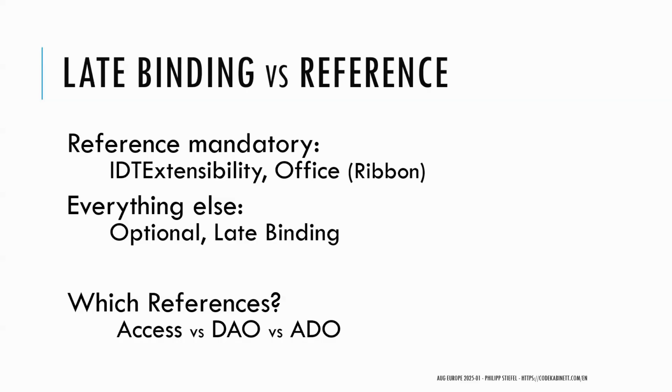Do I need the Access library because I want to interact with the Access application, or do I need DAO because I want to interact with the database, or maybe I want to use ADO. You should think about what you actually need before adding unnecessary references.